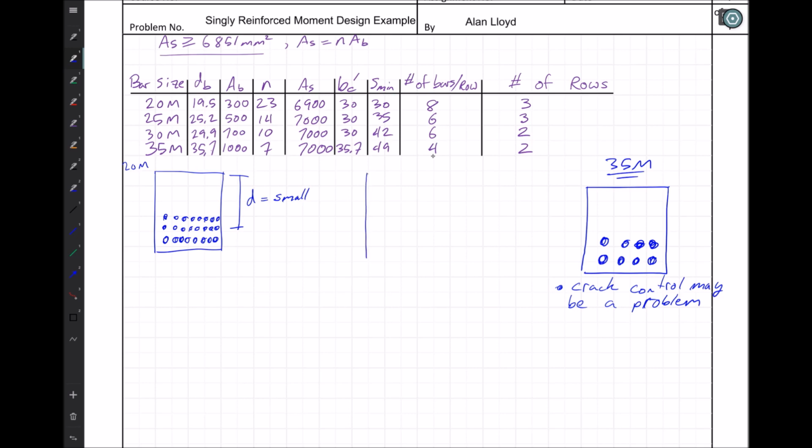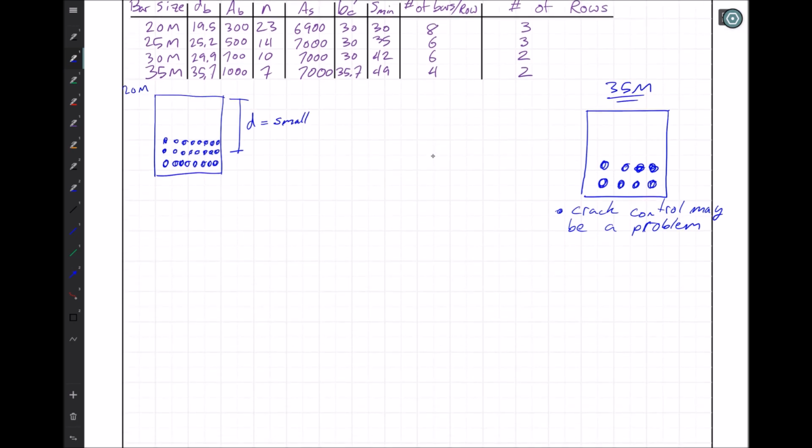Right in the middle, in the Goldilocks zone here, I can see that I've got 30M bars where I can place across them 6 bars per row. Well, actually, I'm going to draw this below instead because I'm going to explore 2 choices.